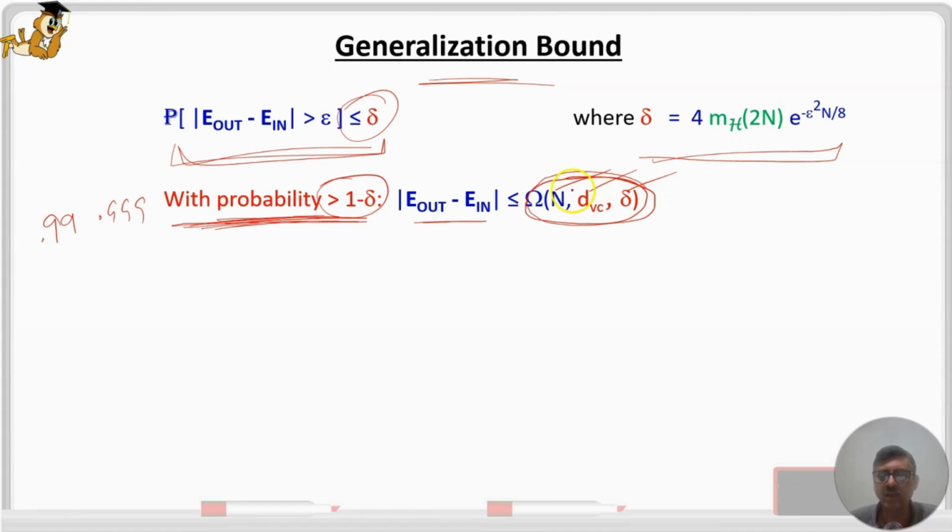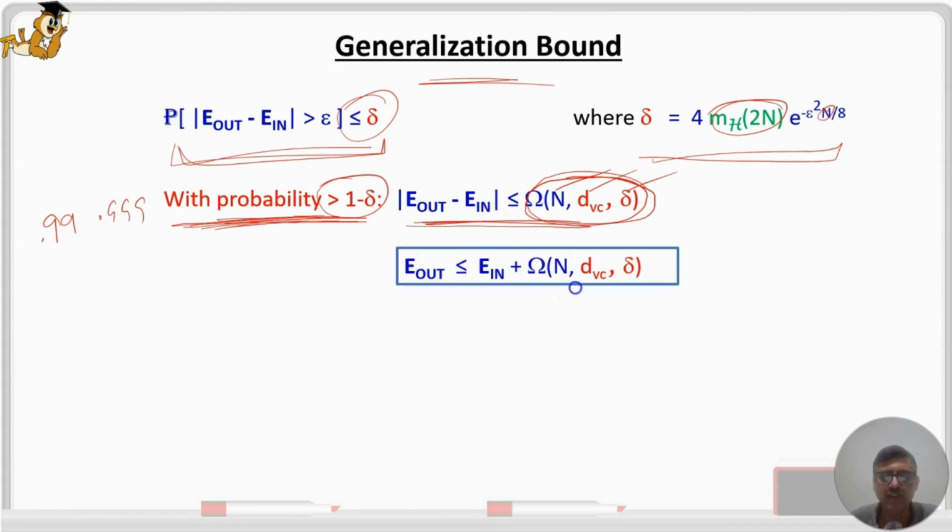Again, I don't need to repeat this again, but n obviously is available over here, and we know that this is upper bounded by a polynomial of order equal to dvc, right? So this is what we have. And now Eout and Ein are both positive numbers. They are both less than 1. And in practice, you would typically always see that Eout is going to be higher than Ein.